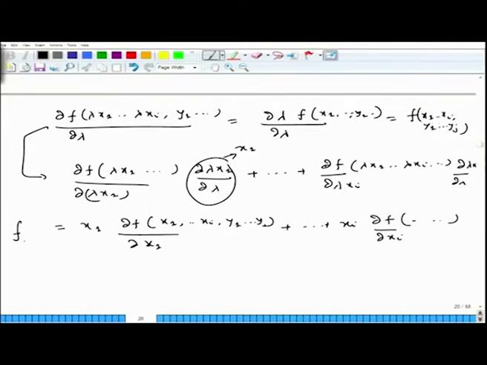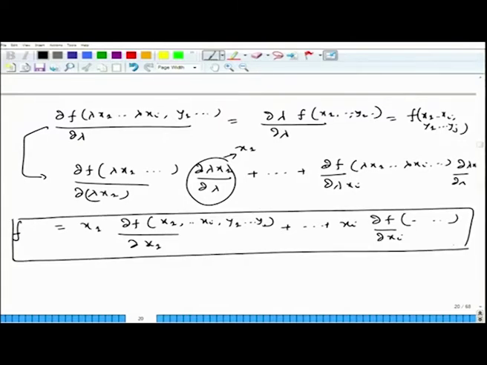So this gives us basically Euler theorem for homogeneous functions in this form.